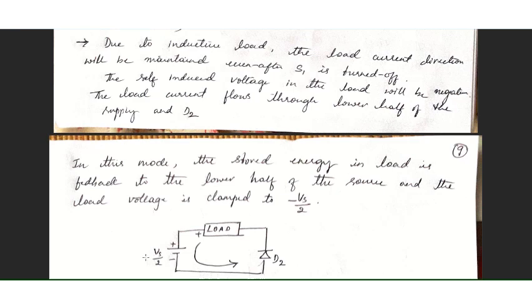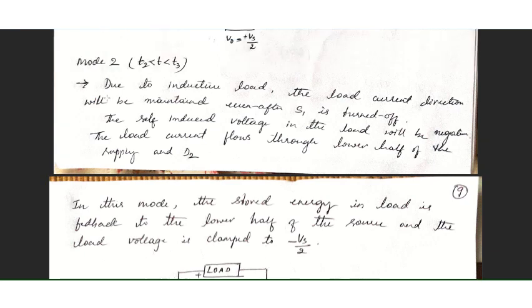Observe here, the energy is reversed back to the source due to D2 conducting. That's why the current will be decreasing. D2 is conducting in mode 2, that is between T2 and T3. I will show that again in the waveforms.